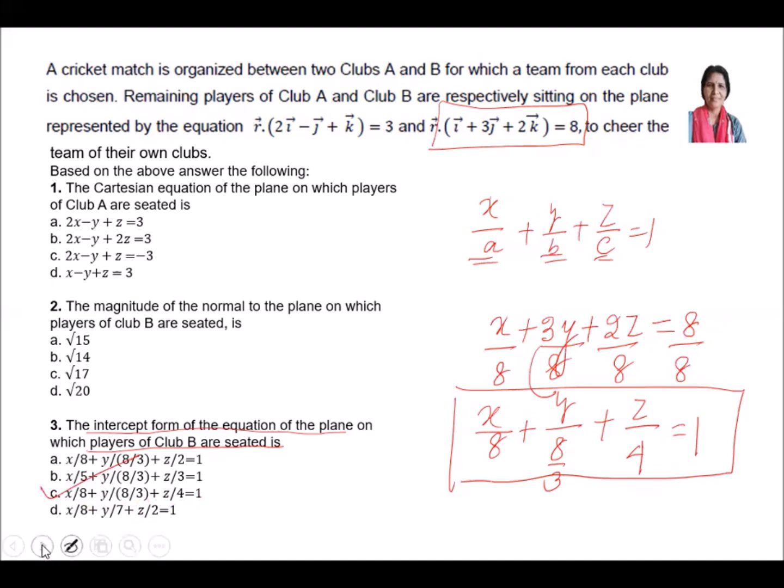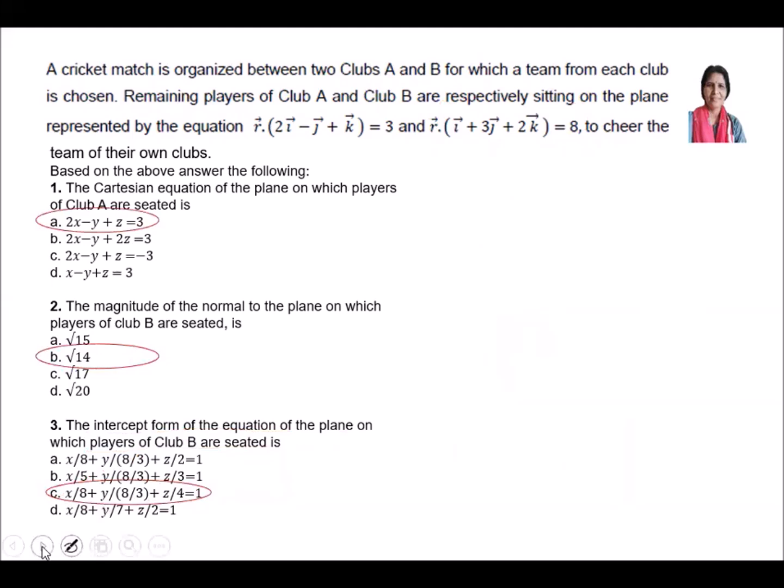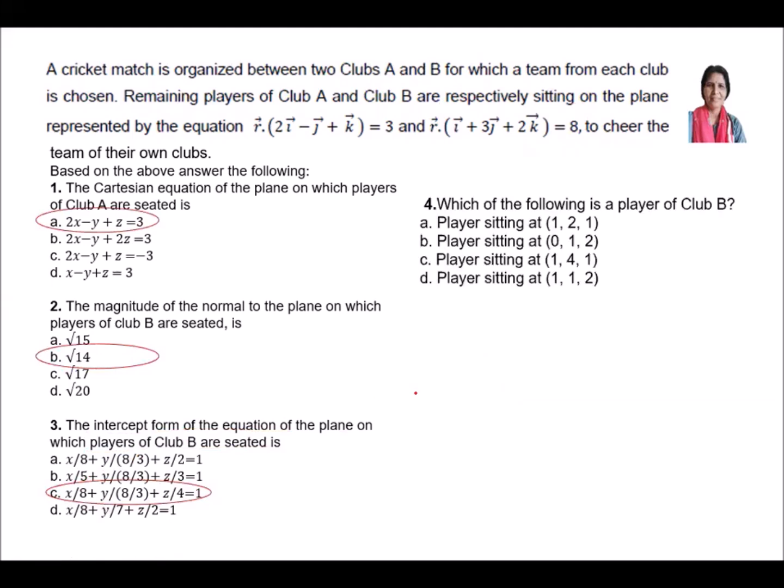Next, coming to part 4. Part 4 is: which of the following is a player of club B? That means these are the values of coordinates x, y, z. You have to check which x, y, z coordinate satisfies this plane.